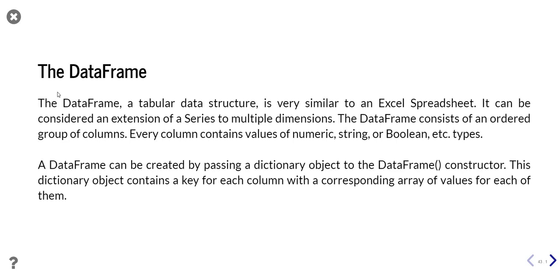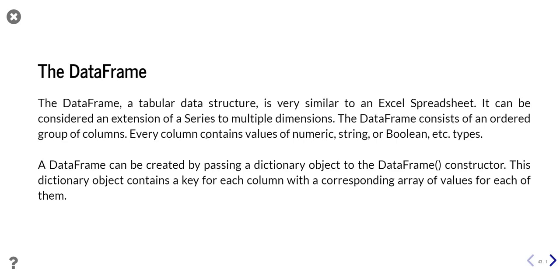Previously we have gone through the data frame, and prior to the data frame data structure, we have seen the series data structure. Both data structures are from the Pandas library. The series gives a one-dimensional data structure, and the data frame is a tabular data structure, quite similar to an Excel spreadsheet.